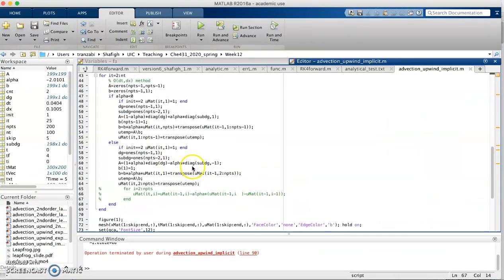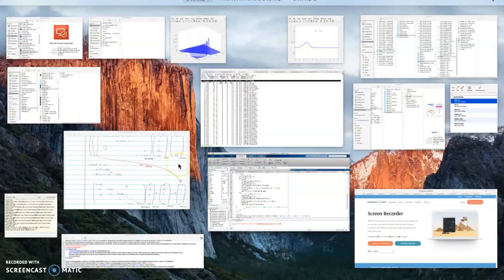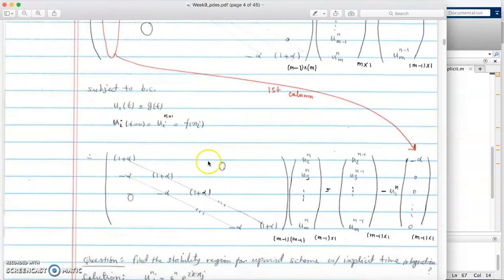Then I add another matrix to this, and that matrix is also diagonal, but I'm going to put it on the subdiagonal with a shift of 1 from the diagonal. So imagine this is a matrix, I'm going to put this on the subdiagonal.